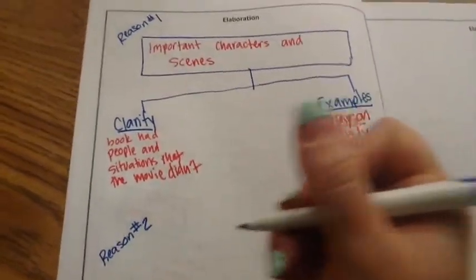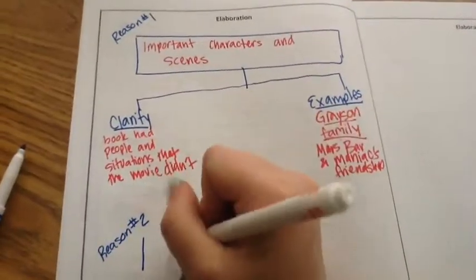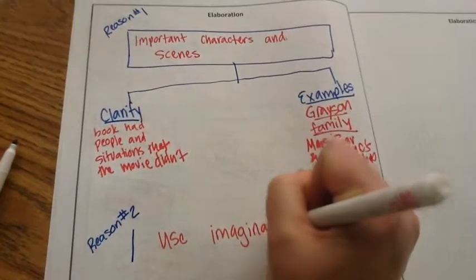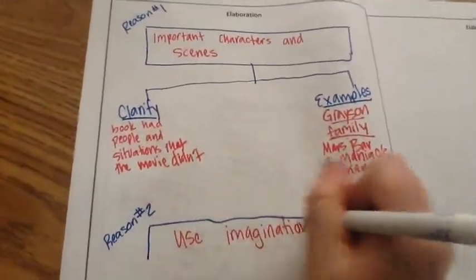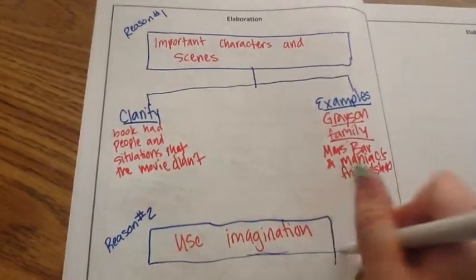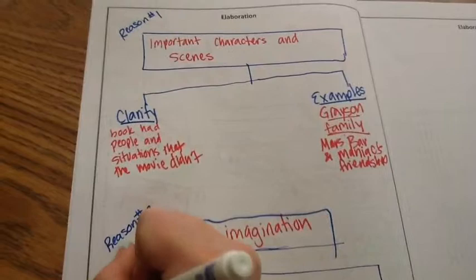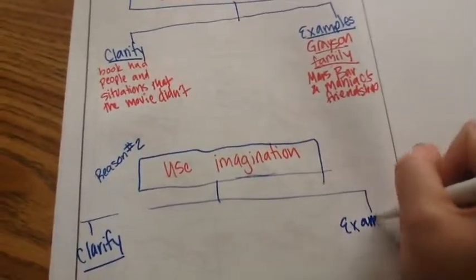So for me, here's reason number 2. And my second reason I said was that it lets you use your imagination. So I'm going to say use imagination. I'm going to create my tree map. And just like the one above where I elaborated, I'm going to clarify and I'm going to give examples.